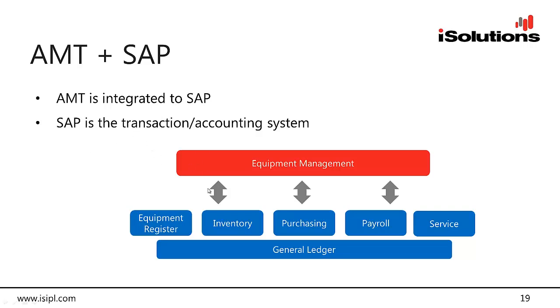AMT really sits on top of that, mainly gets information out of SAP, occasionally will trigger the initiation of transactions, particularly work orders within SAP. But apart from that, it's mainly getting information out of SAP, and it's providing that workflow management, decision support capability on top of SAP. So we don't see that AMT competes with SAP at all, rather purely we are adding value to SAP.